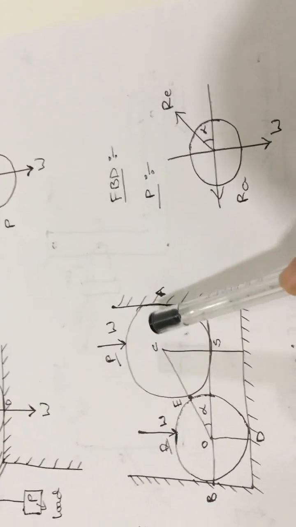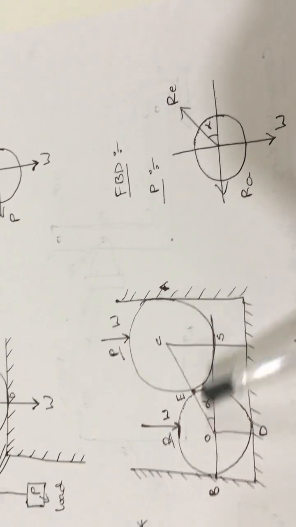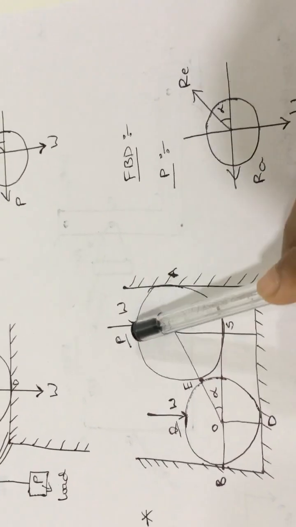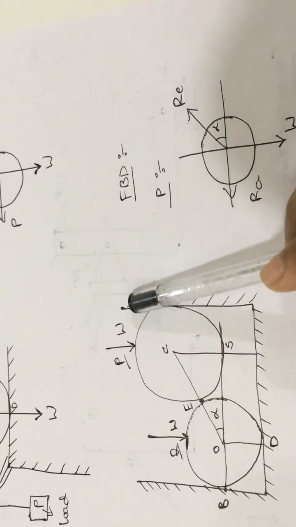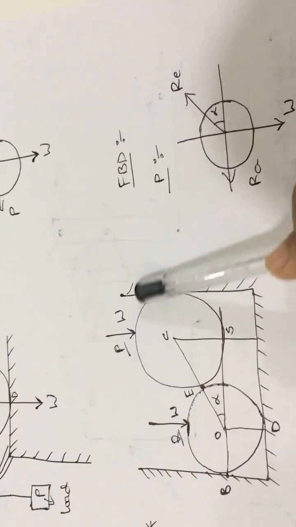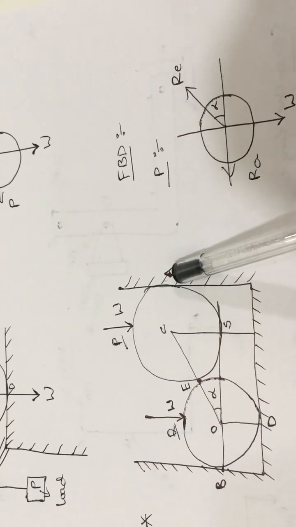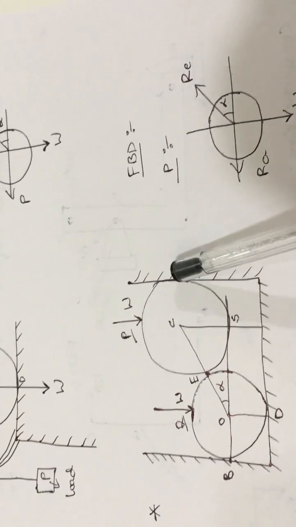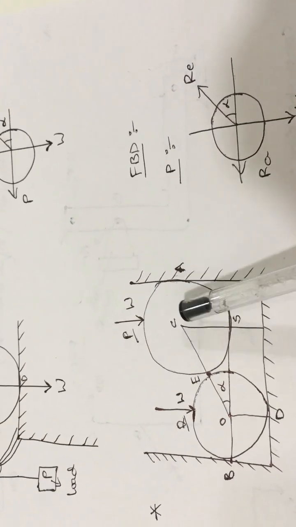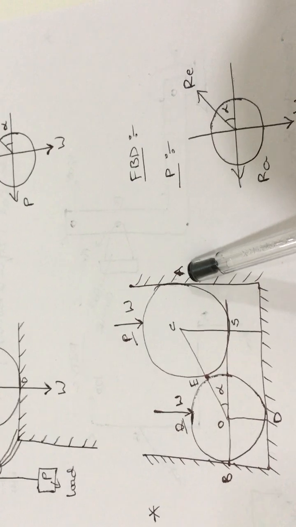Now see here, for the P ball, you check how many supports are there. For the P ball, this is in contact with this support, and A is the point of contact between this vertical wall and this ball. So here one support is there.